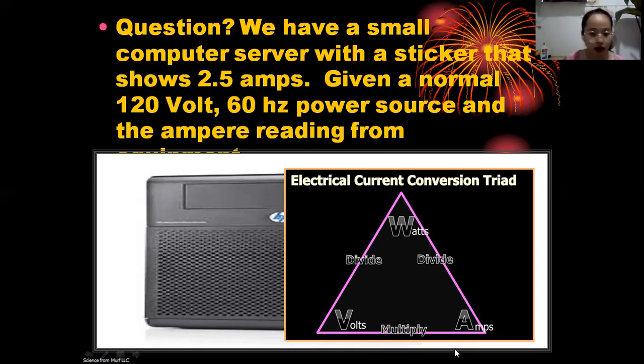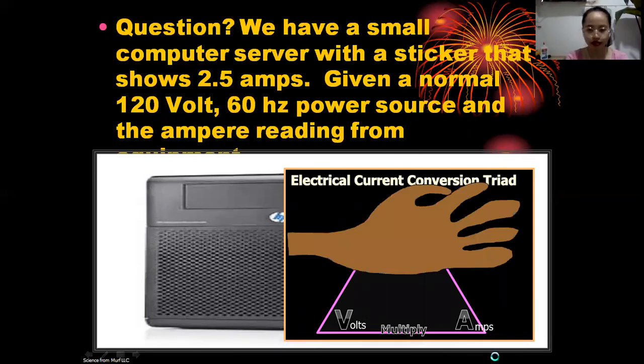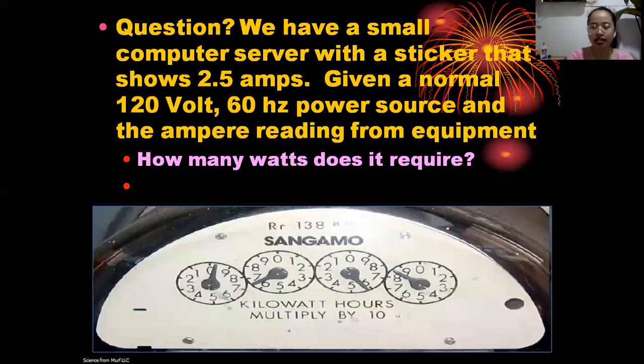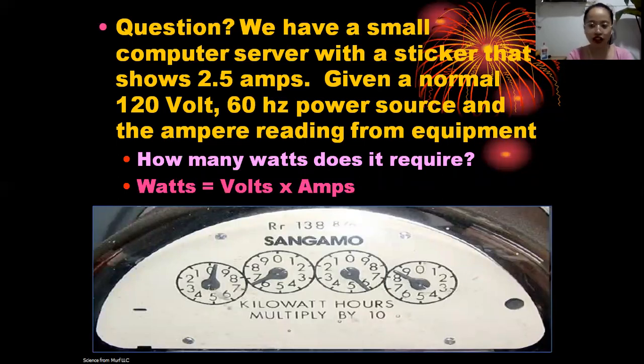But when the missing is the ampere or the current, we just cover this one. You use the triangle method. Okay, you cover this one, then ampere equals watts divided by volts. So how many watts does it require? Okay, I will check that one during a virtual class.